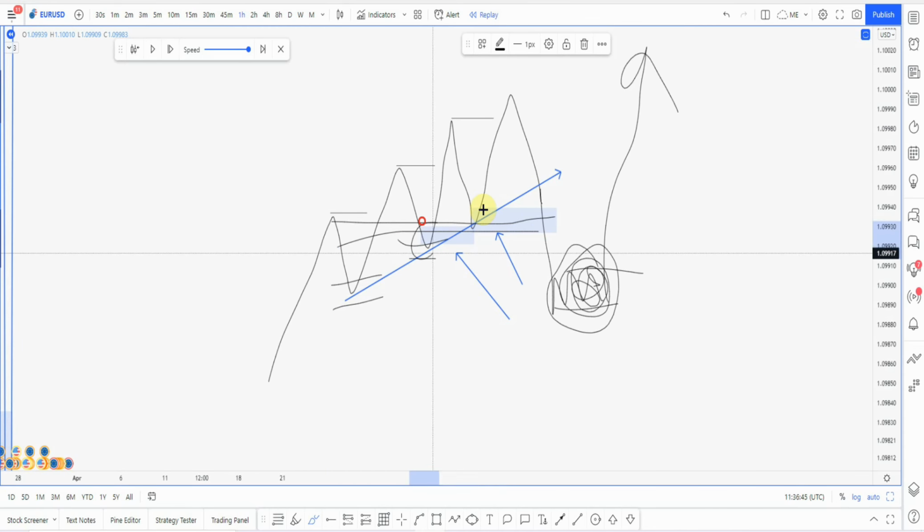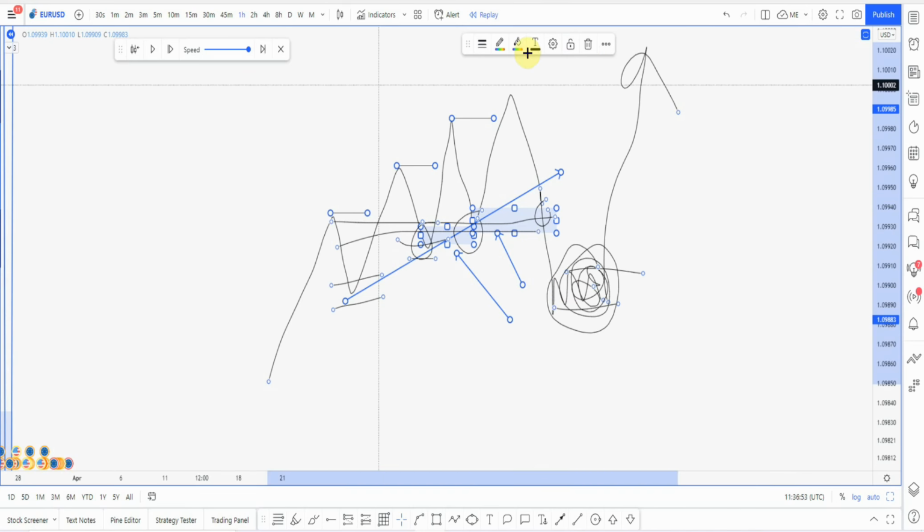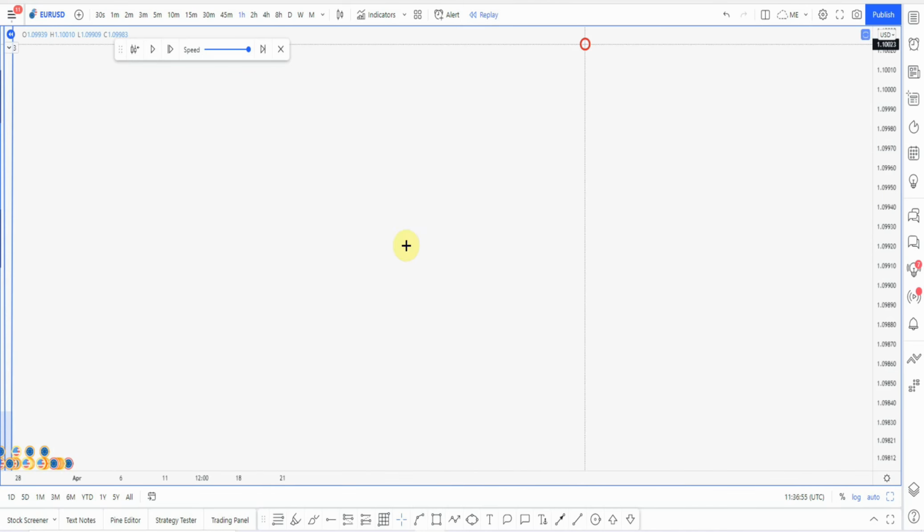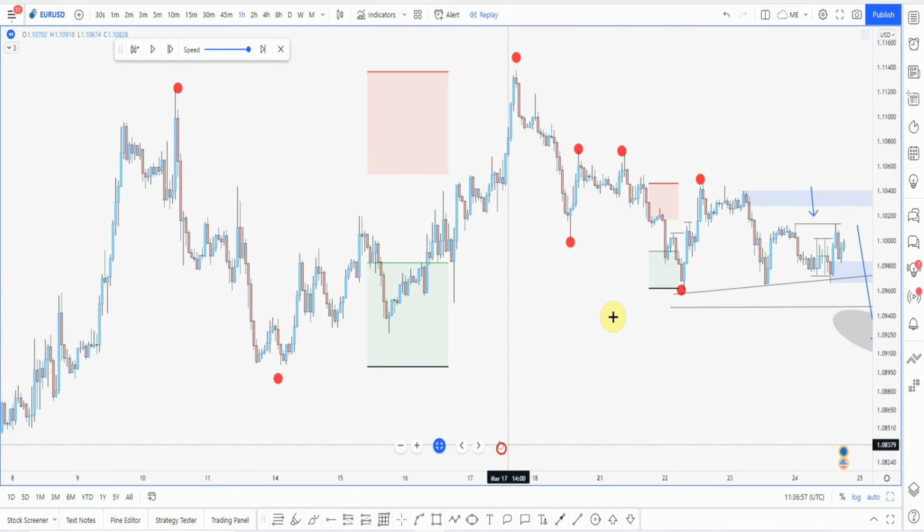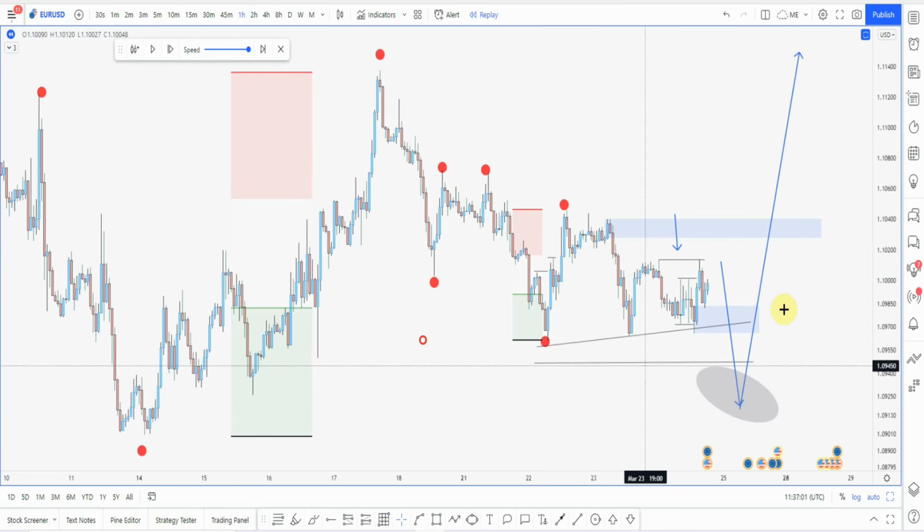They're thinking, okay, market started order flow. If you go and study in the past on H1 or M15 time frame, you get this kind of price action.